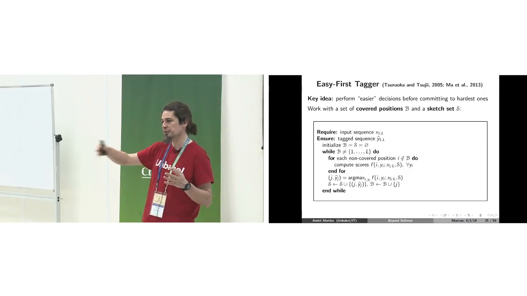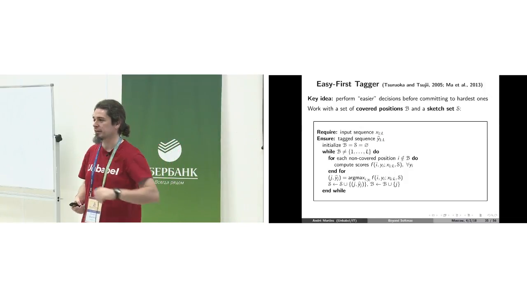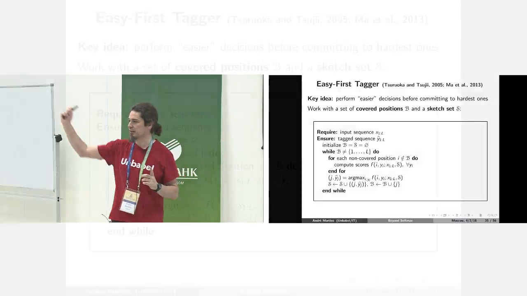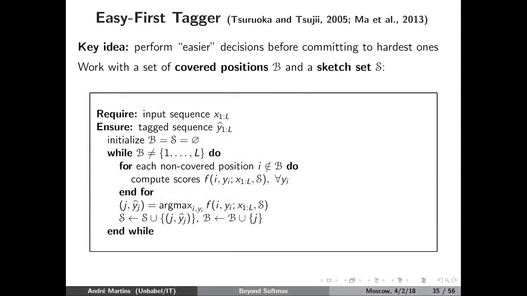You go through all positions, you compute the scores for all tags, and then you just pick the position and the tag that maximizes the score. It's kind of a heuristic, but it works well for some problems. Then you add to your sketch set the pair of position and tag, and we add to the set of covered positions the position that you have now covered. So it's a very simple algorithm.